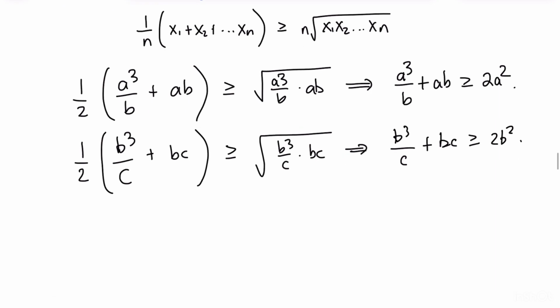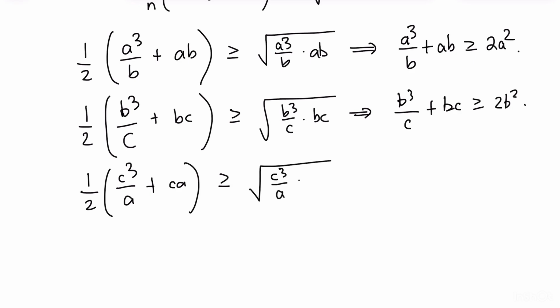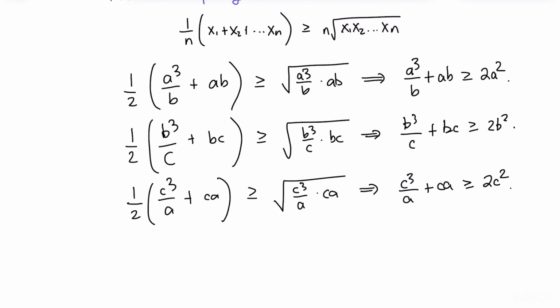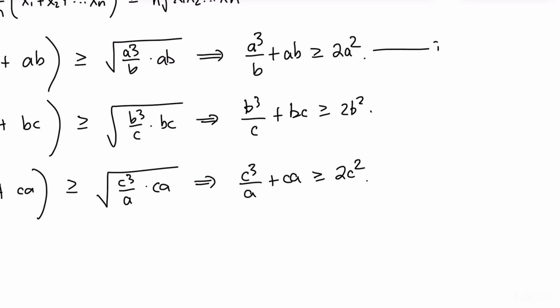And lastly, I'm going to use the third term, which is c cubed over a plus ca. And this simplifies to c cubed over a plus ca is greater than or equal to 2c squared. So now we have these three inequalities. I'm going to denote them as inequality 1, inequality 2, inequality 3.